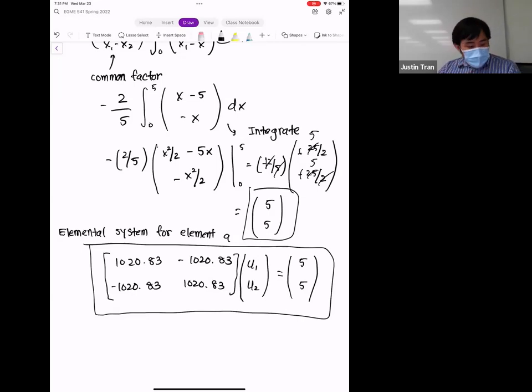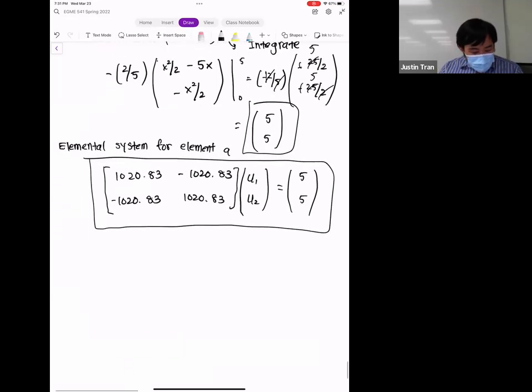Okay. All right. So now let's do the same thing for element 2, for element B. Just like element A, we're going to start with the element stiffness matrix.